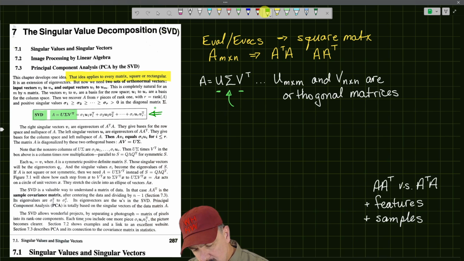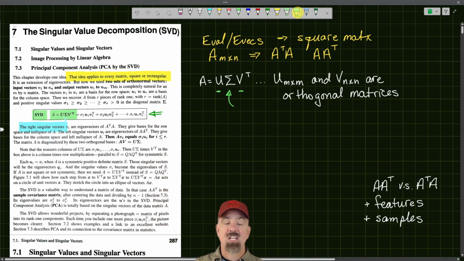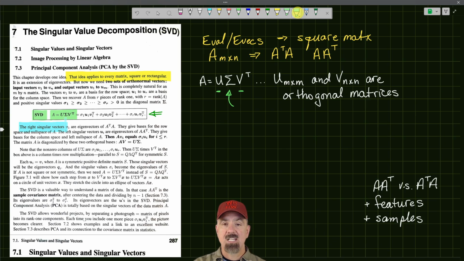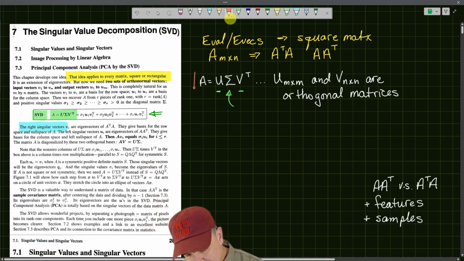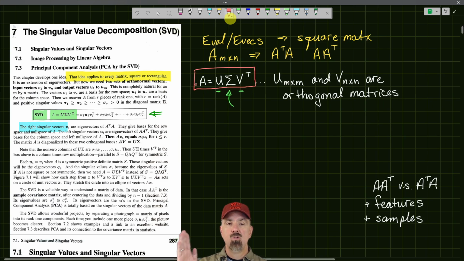So it's worthwhile to note that we have two sets of singular vectors. We have right singular vectors and left singular vectors. These are associated with the U and V matrices respectively. So just as it appears where we have it drawn out right here, the left singular vectors are in the U matrix and the right singular vectors are in the V matrix.